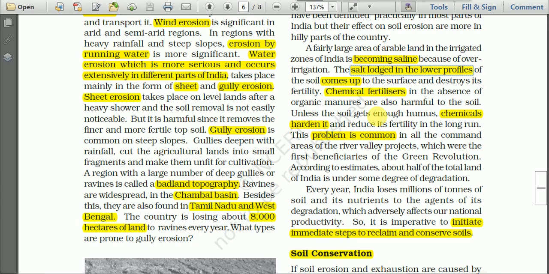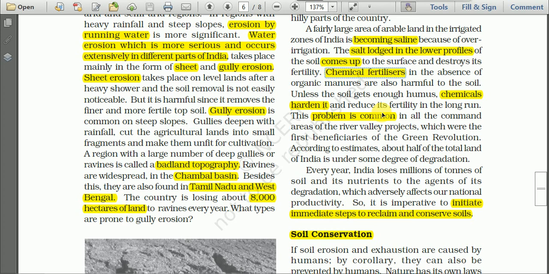Then another cause for soil degradation is the use of chemical fertilizers. Use of chemical fertilizer in the absence of organic manures is also harmful to the soil. Unless the soils get enough humus, chemicals harden it and reduce its fertility in the long run.